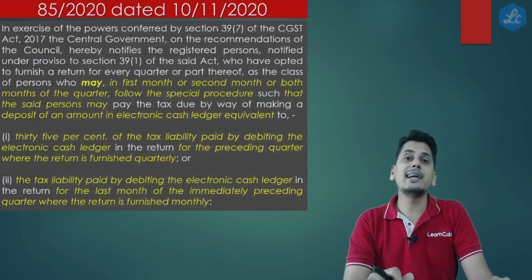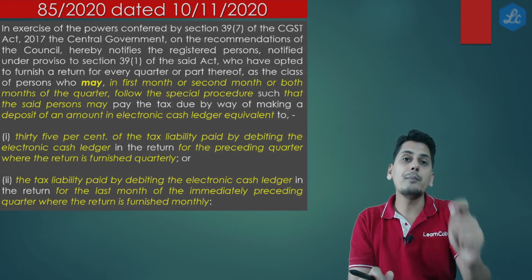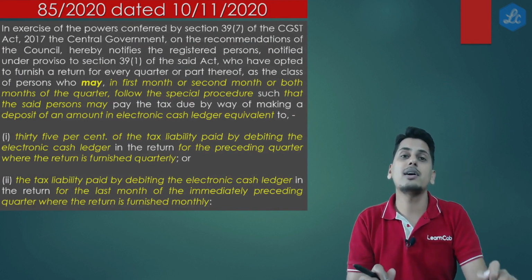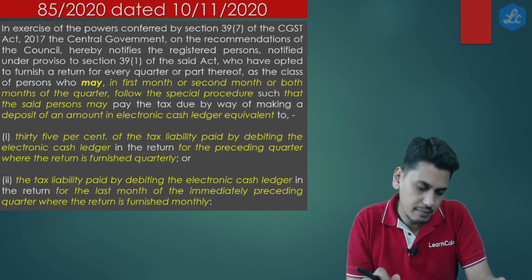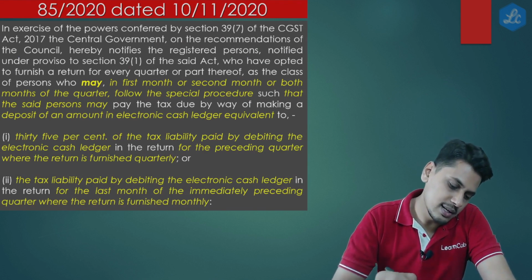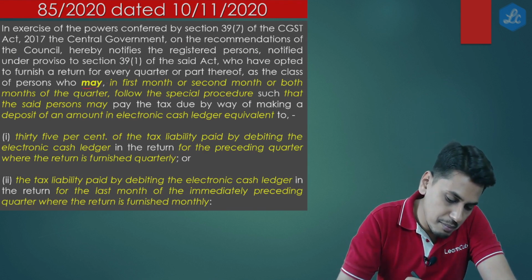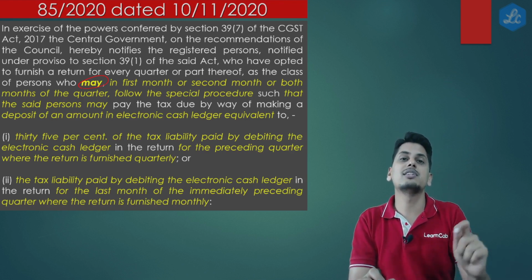Notification 85/2020 gives a special procedure to compute the tax which is to be deposited in the cash ledger for the first and second month of the quarter under which the QRMP scheme is operating. So now friends, this particular person who has opted for the QRMP scheme may. What is meant by may? It means this special procedure is optional.